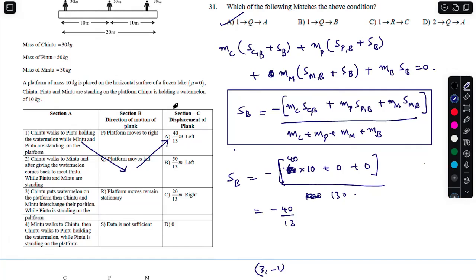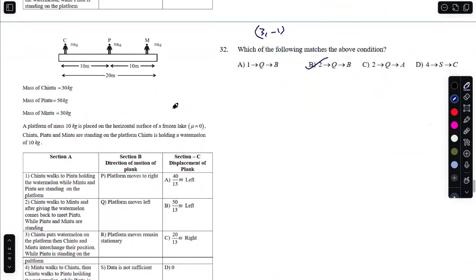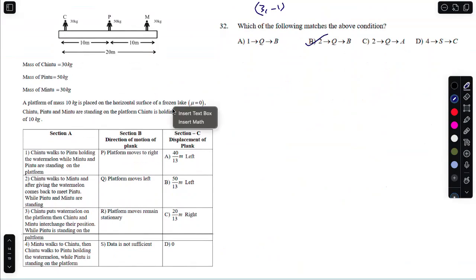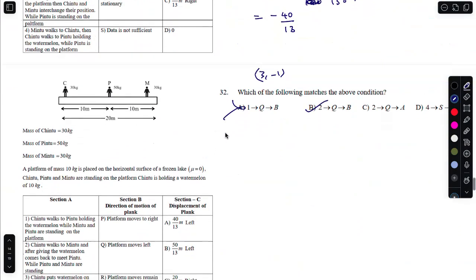See, I didn't even see section B, section C while I was doing this. I got minus 40 by 130, the minus sign indicates it moves left, and the amount is 40 by 130. What else do you want? Next, which of the following? Now you go for two. Once you accepted 1QA, this is not possible.